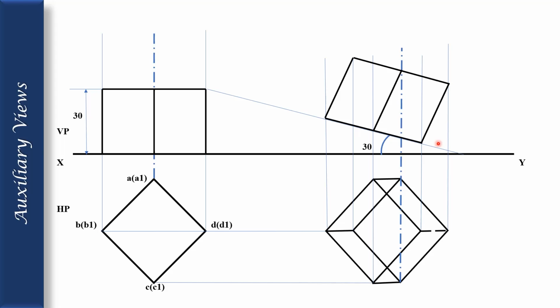So this is the object which we have to draw as per the given sum. You may understand how I have drawn it step by step. If you don't know, just rewind the video, see it again and draw it again. I hope you understand this object clearly.